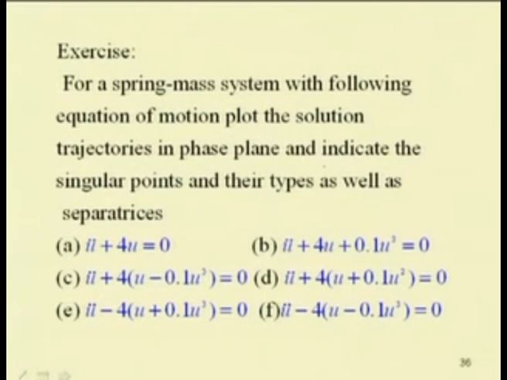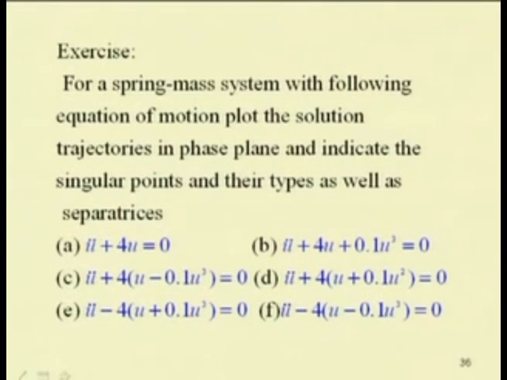For example, you just take this equation u double dot plus 4 u equal to 0. This is the equation of a single degree of freedom undamped system. So, you can get a periodic response with a period equal to 2.